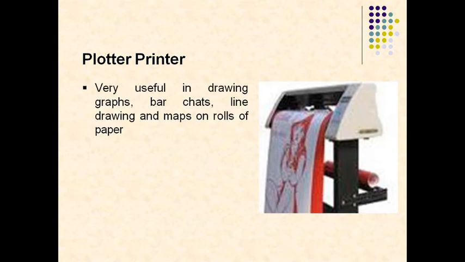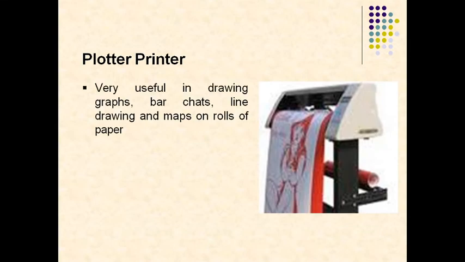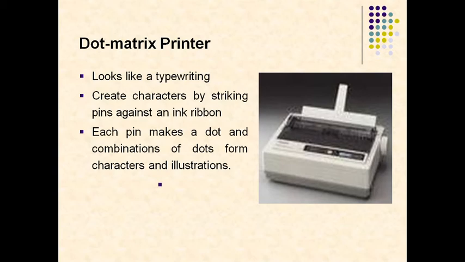Okay, students. Now let us go to the dot matrix printer. You can see the picture here, plotter printer. Next is the dot matrix printer. This is the oldest one actually. The dot matrix printer looks like a typewriter. It creates characters by striking pins against an ink ribbon.